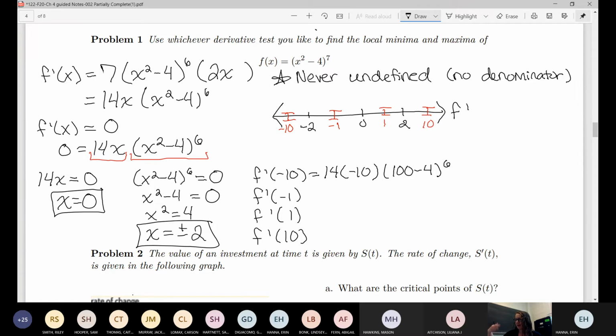But here's what I mean by it making the sign thing a little bit easier. If I think about just the signs of these pieces, I have a positive number times a negative number. And then I'm going to get a positive number to the 6th power, which will still be positive. So I essentially have a positive times a negative times a positive, which will give me a negative. So this is what I mean by you don't necessarily even have to know the number.